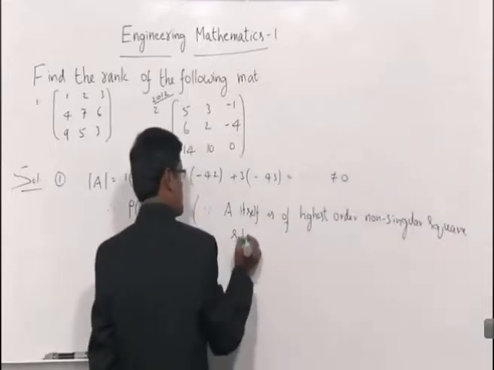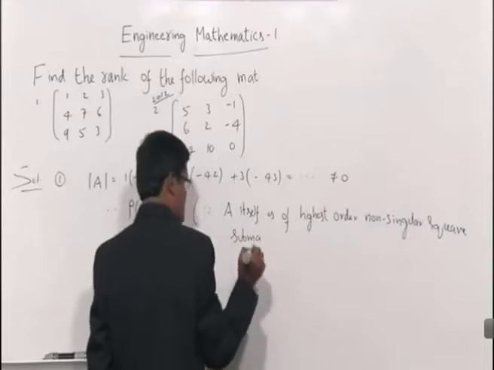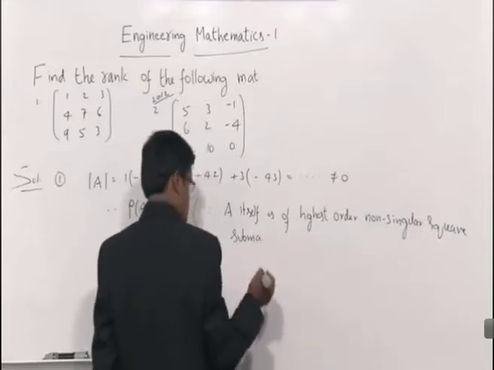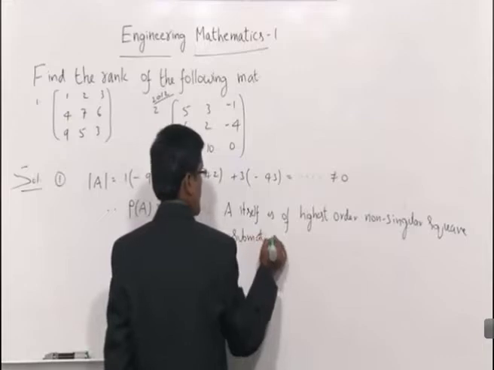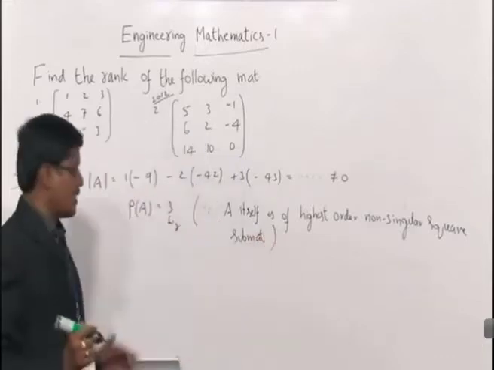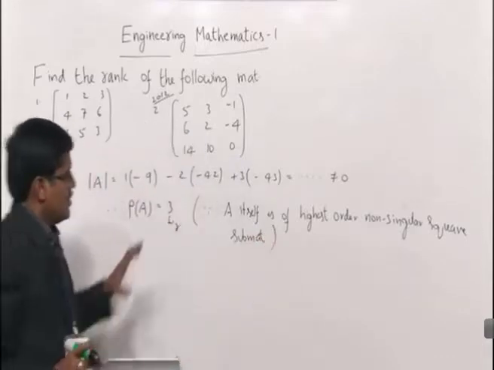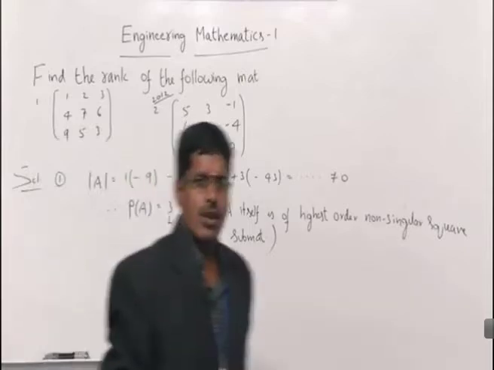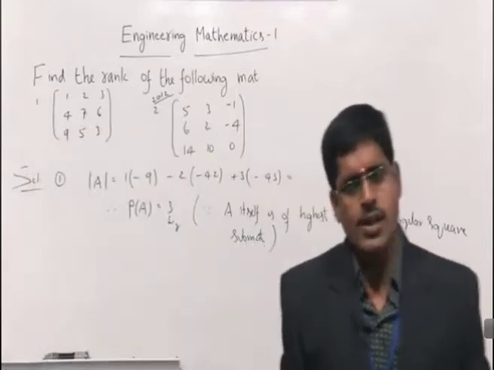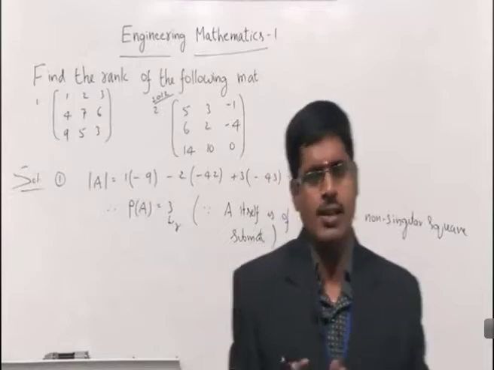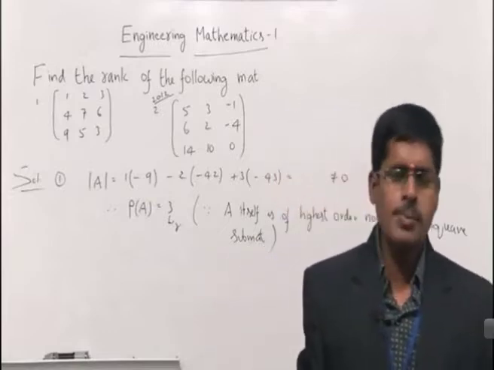Not required to mention square, because the words non-singular and singular apply to square matrices only, submatrix. I have written the reason. Okay. Now, determinant not equal to 0 means that matrix is called non-singular. Wherever you get the highest order non-singular, determinant not equal to 0, then rank is equal to that order. Problem is over. Okay.